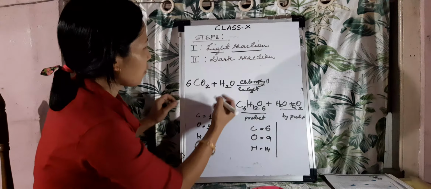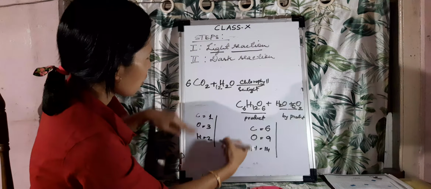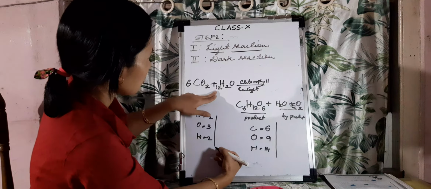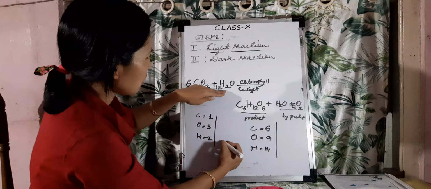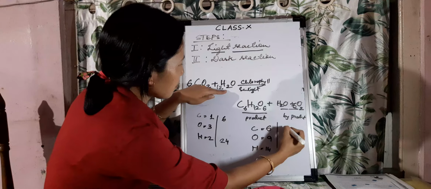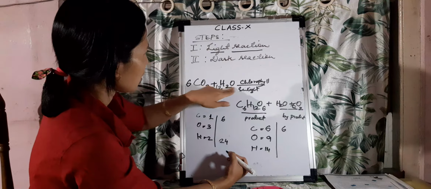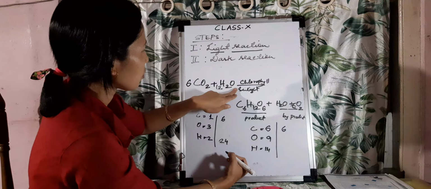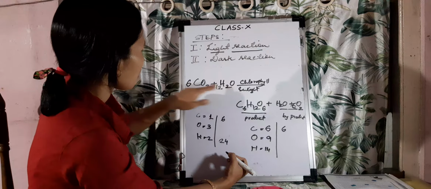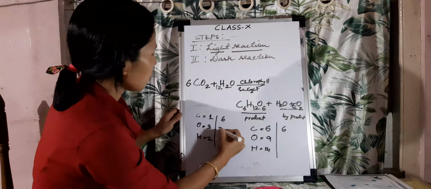Now hydrogen, if we put 12 here, it will be balanced. How many hydrogen atoms here? 12 into 2, it is 24. And oxygen now? Here we put 12 for this oxygen also, so it is 12 plus 6 into 2, 12, and 12 plus 12 is equal to 24.